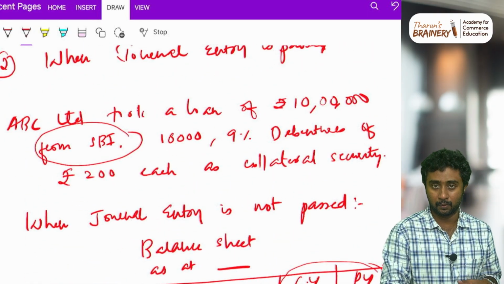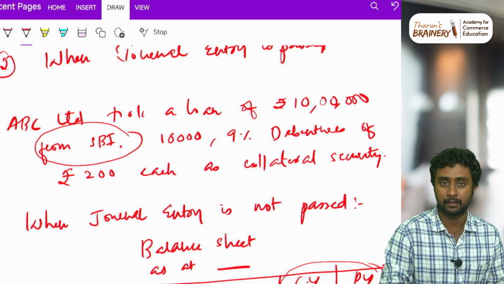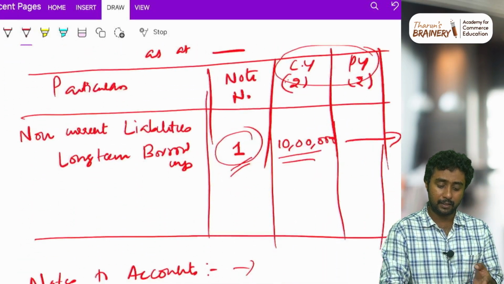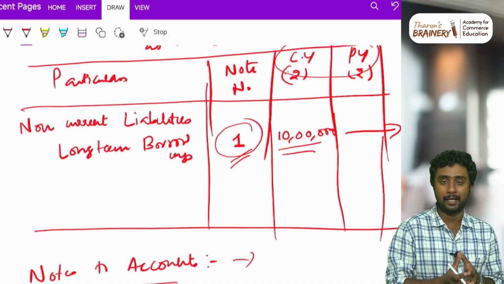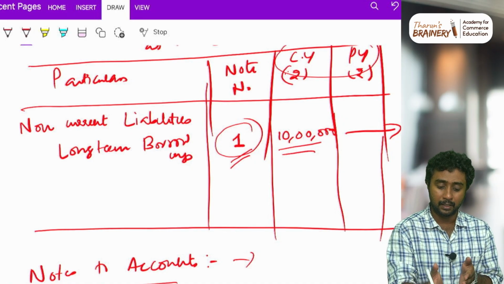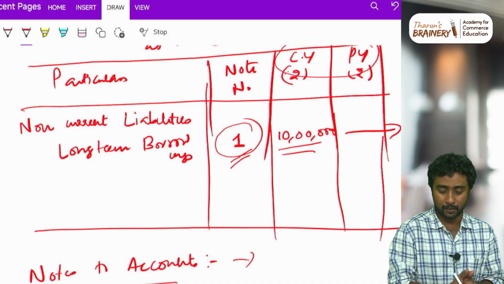So 10 lakh was the loan, and we have issued debentures of rupees 20 lakhs. So what are we doing here? When the journal entry is not passed, you simply draw a balance sheet extract where you show long term borrowings with note number 1, and mention the loan amount there.